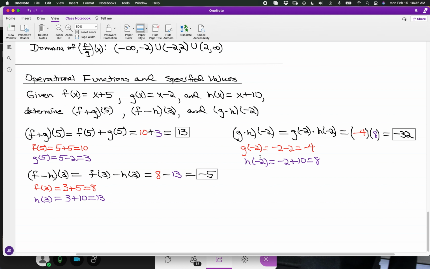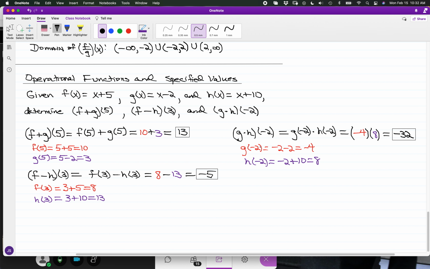And for g times h of negative 2, we needed g of negative 2 times h of negative 2, and using g of x and h of x, those values are negative 4 and 8, and the product is negative 32.